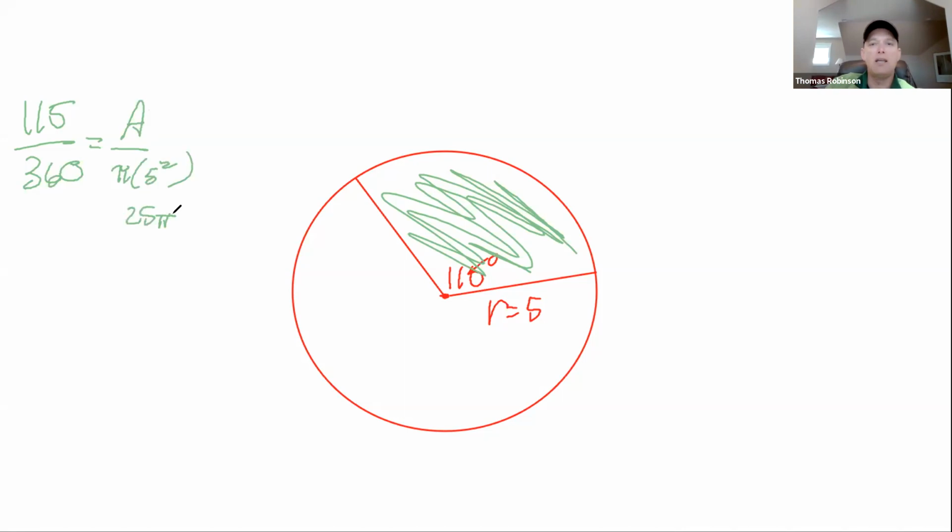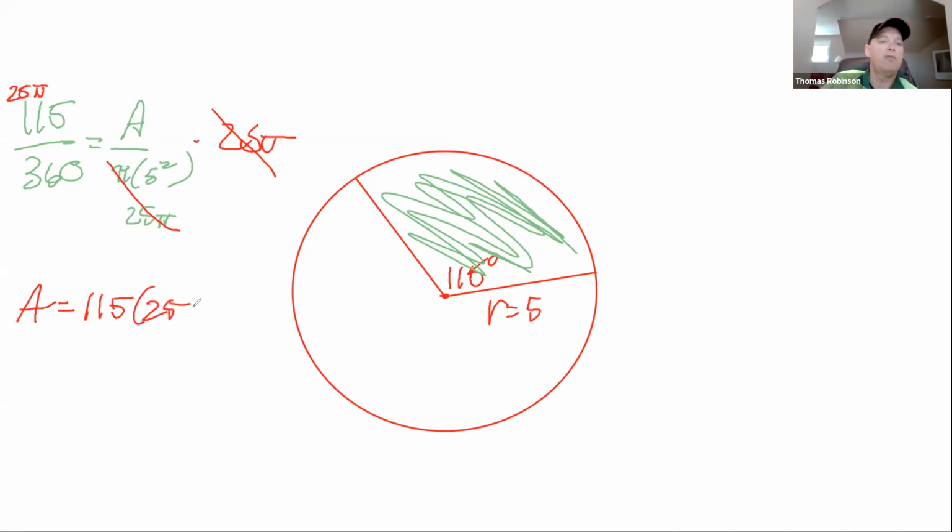So I hope you can see I can multiply both sides by 25 pi, and the area is going to equal 115 times 25 pi over 360. Hey, well, what do I do? I go 115 times 25, and I get 2875.